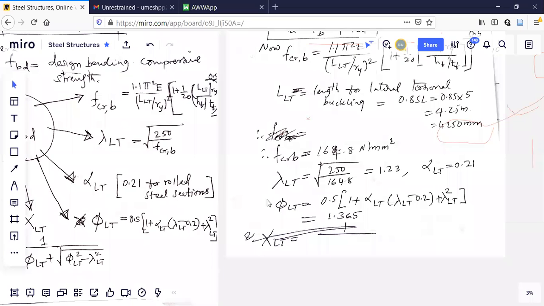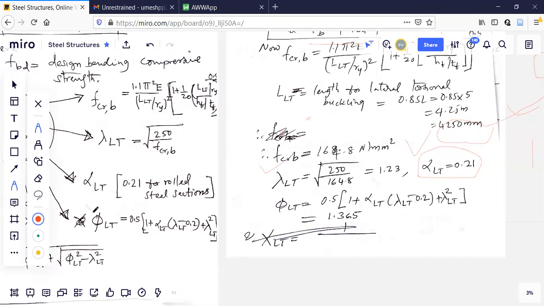Then alpha LT is already 0.21. It is written here in the answer. This condition again we'll discuss; we'll come back to this. But right now alpha LT, you take it as 0.21. It is also there in the code book. So lambda LT and alpha LT are there.